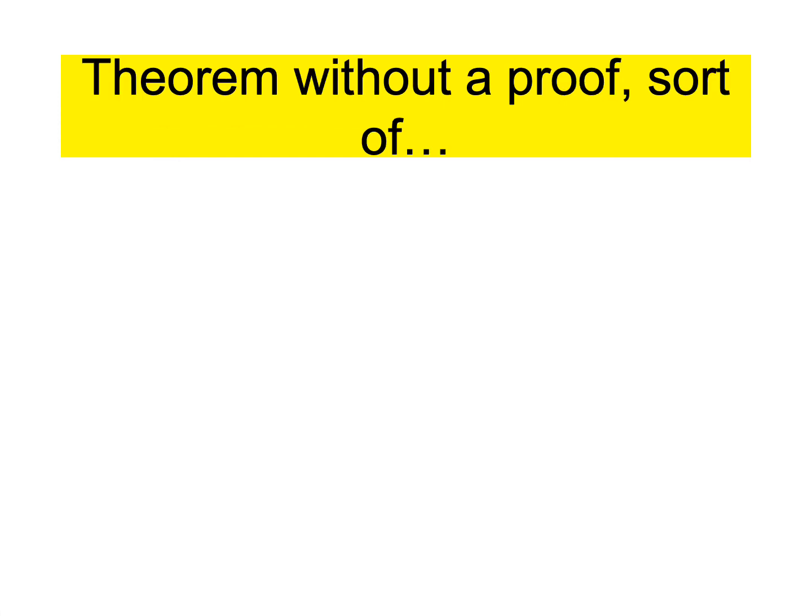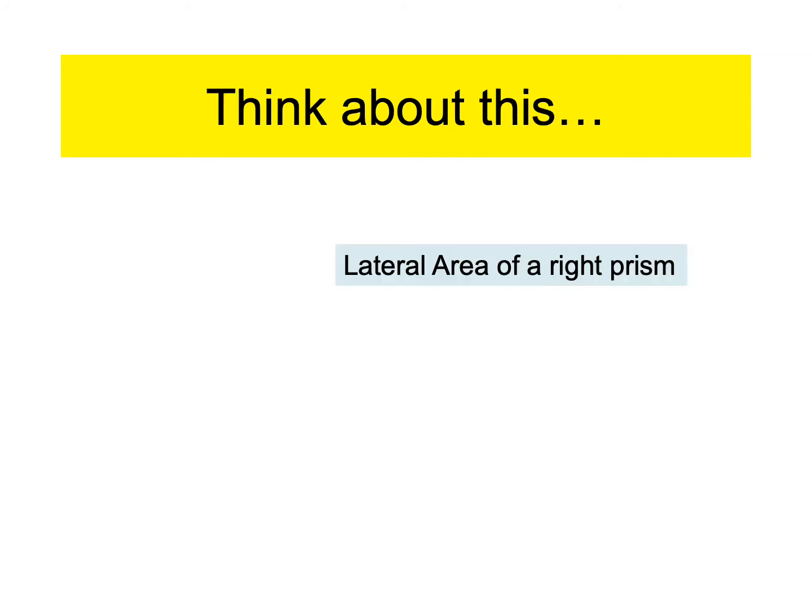Well, we can't do anything in geometry without proving it, so this is your proof, and it's just basically some common sense. Okay, so if we think about the lateral area of a right prism, well, let's see, the lateral area in this particular one would be made up of what, 3 rectangles? We're talking about the sides here.